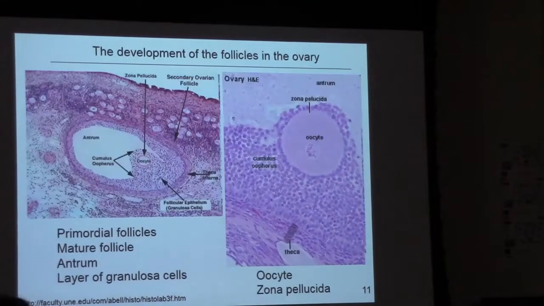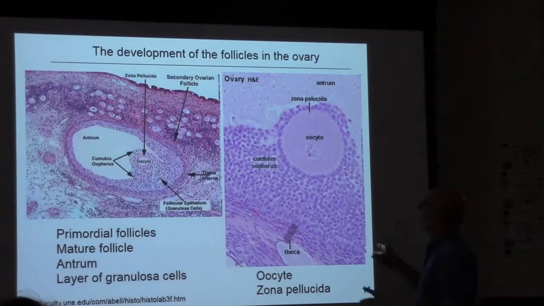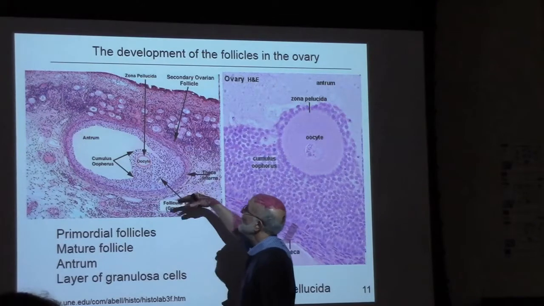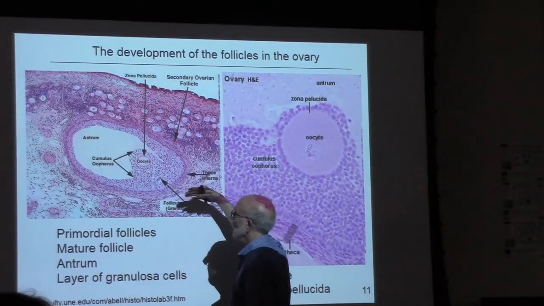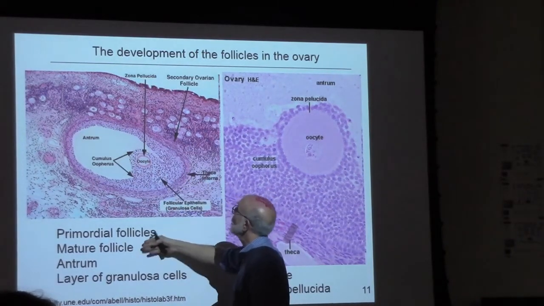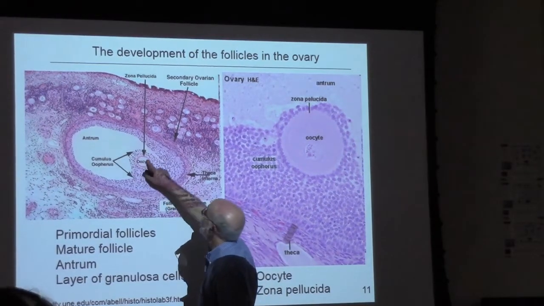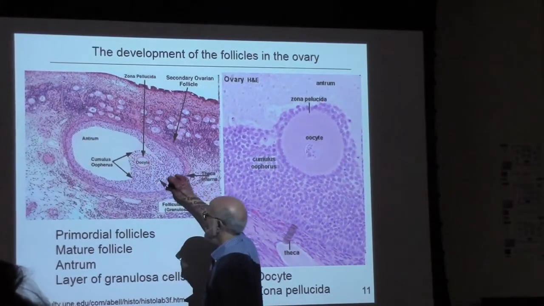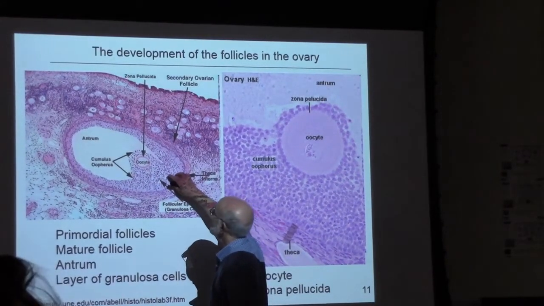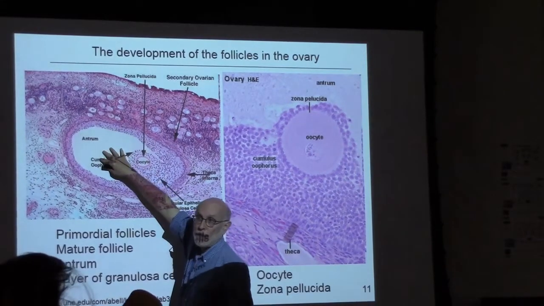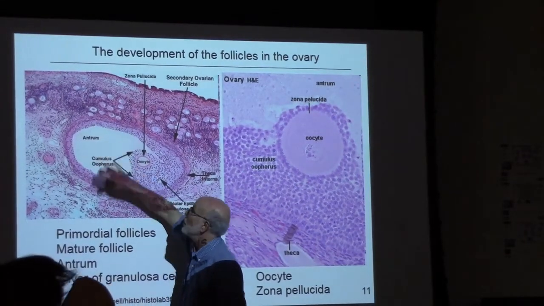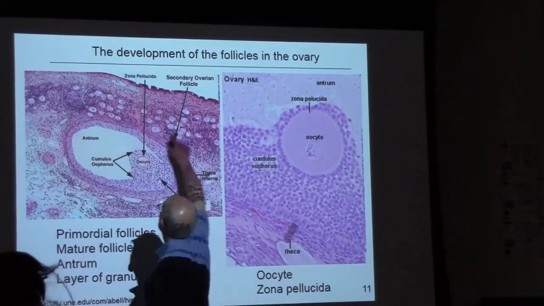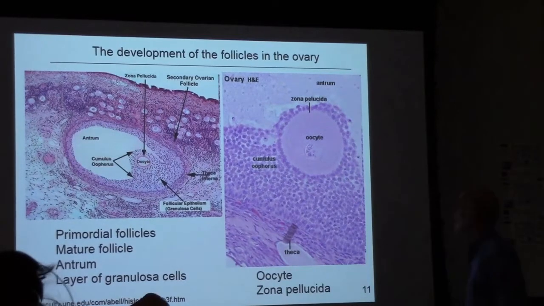Continuing, the dominant follicle then becomes the antral follicle, or the mature follicle, that has the oocyte, the zona pellucida, granulosa cells, a fluid-filled, not a cellular, a fluid-filled antrum, and the theca, the layer of thecal cells outside the granulosa cell layer.